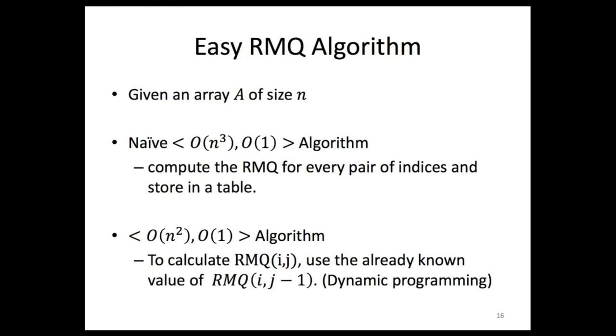It's a naive solution, so it's the first one, and you get O of n cube as the complexity for the preprocessing, and O of 1 for the lookup. And if you know dynamic programming, you can do a little better.